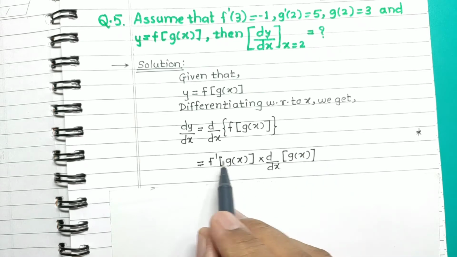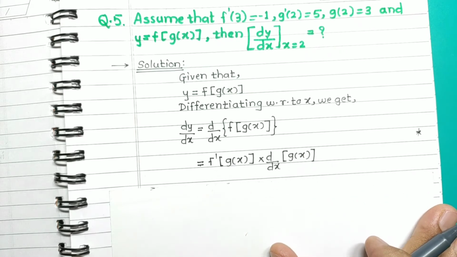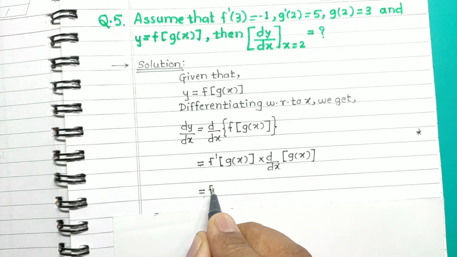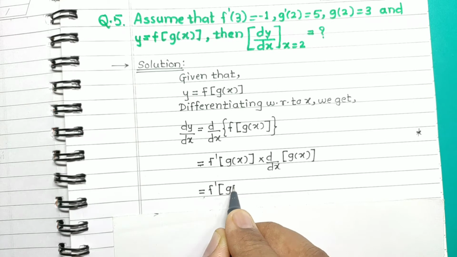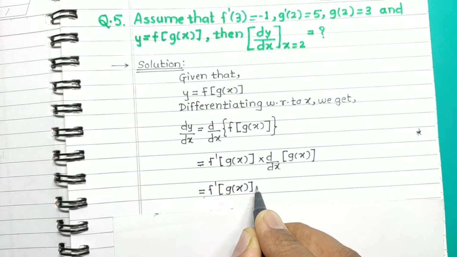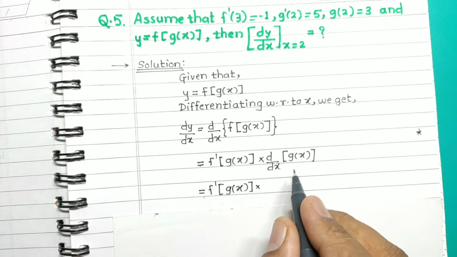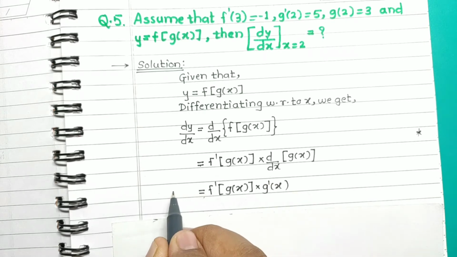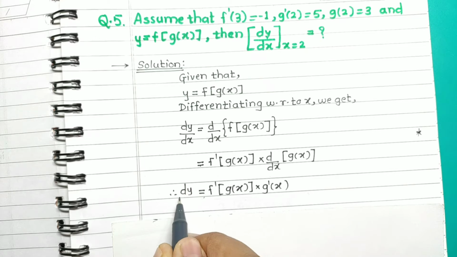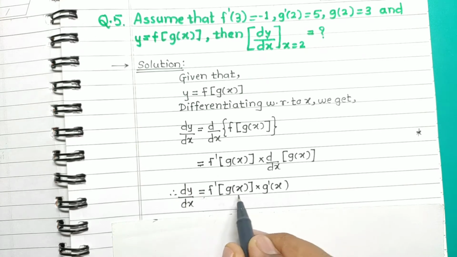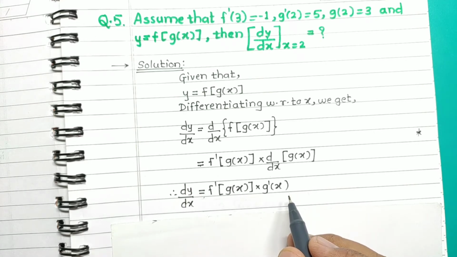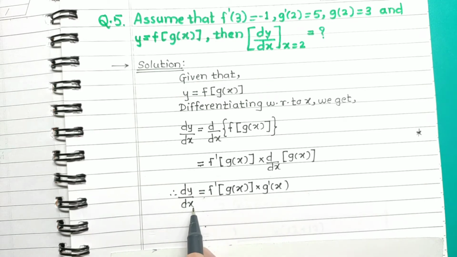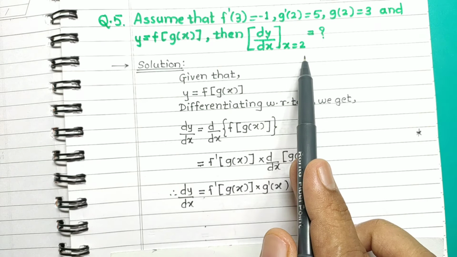Okay, so we have used chain rule here, and then you write down the first term as it is, f dash of g of x into, see, the derivative of this g of x function is g dash of x. So we have dy by dx as f dash of g of x into g dash of x. Now we have to find out this derivative at x is equal to 2.